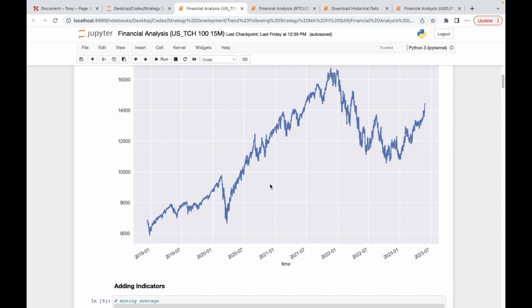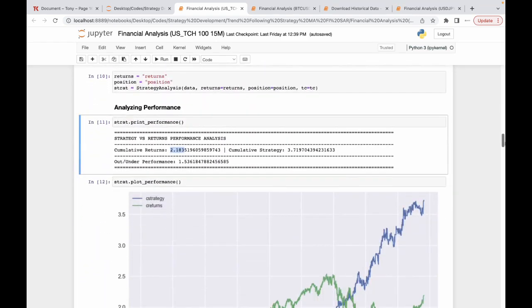Okay, so at the current chart now, that's what you have. Okay, 2.18. And for the cumulative strategy, we have 3.71. And our strategy outperformed our default buy and hold strategy by 1.536.